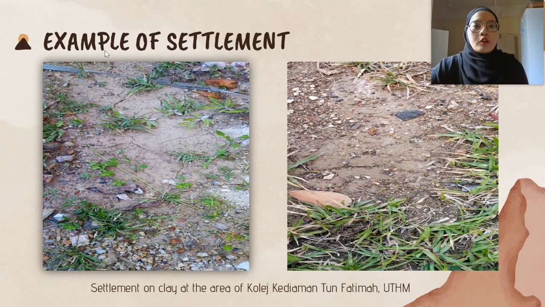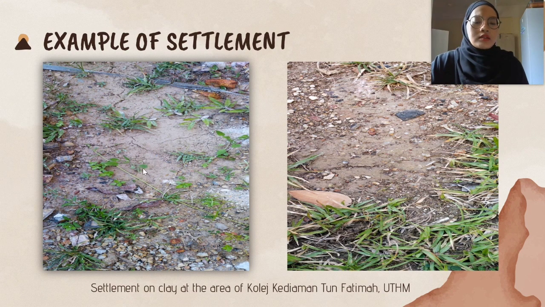This is an example of the settlement. This picture, I took at the area of Kolej Kediaman Tun Fatimah. In this picture we can see the cracks on the top of the clay soil. We can also see the crack over here. We can see that one area is a little bit more moist compared to other areas that look a little bit dry.